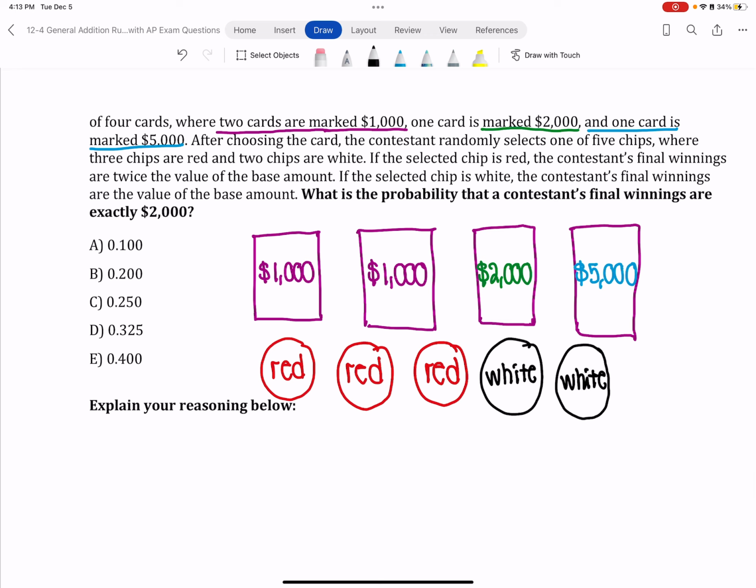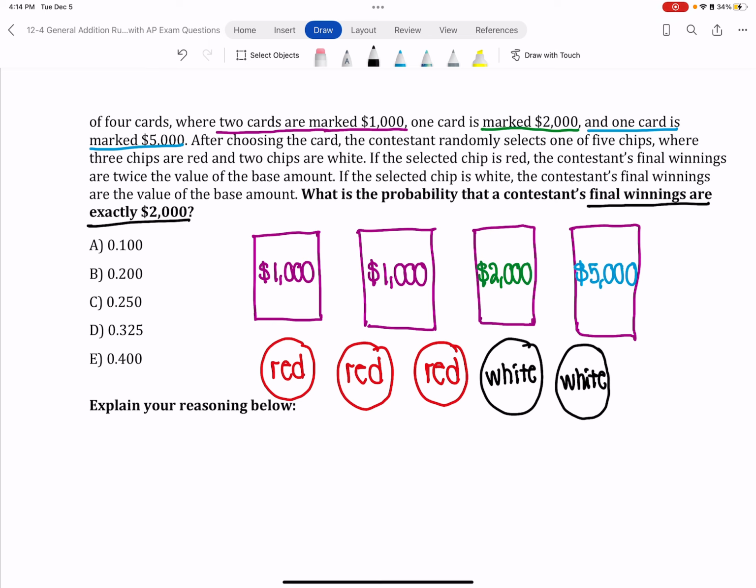So let's take a look at what we have then. So it says, if the selected chip is white, the contestant's final winnings are the value of the base amount. This could be good actually, because we could get a $2,000 card and a white chip, and that will lead us to a final winning of exactly 2,000, right? So let's count how many possible solutions there are to get exactly 2,000.